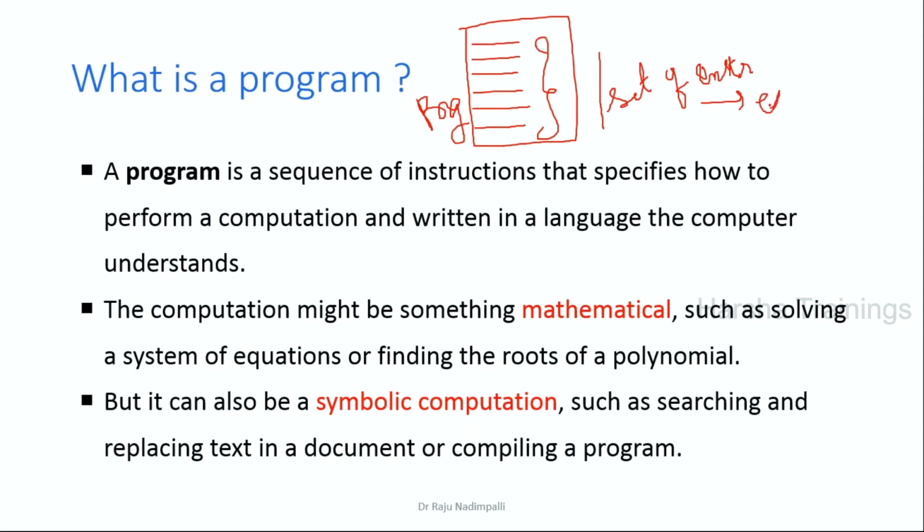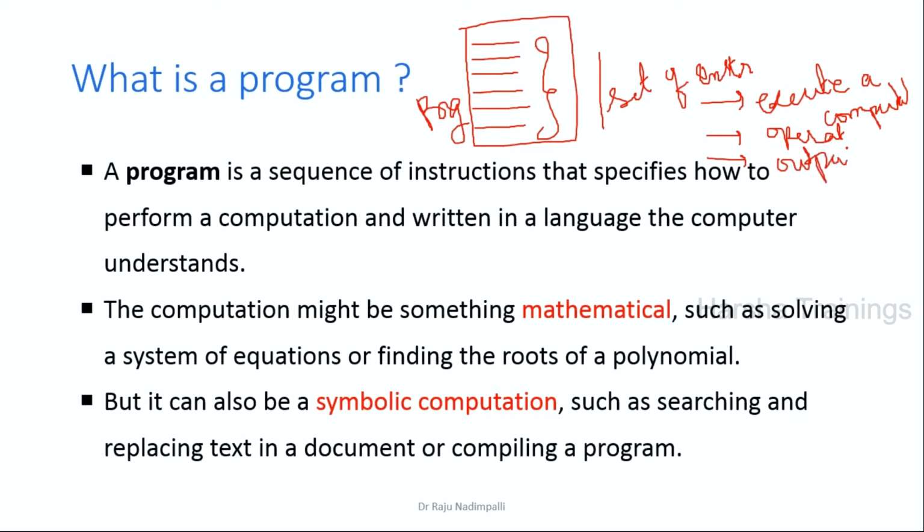Execute a computation. Any set of instructions will do some sort of computation. You can also say it will do some operation. We will also call these functions, and it is going to produce an output.